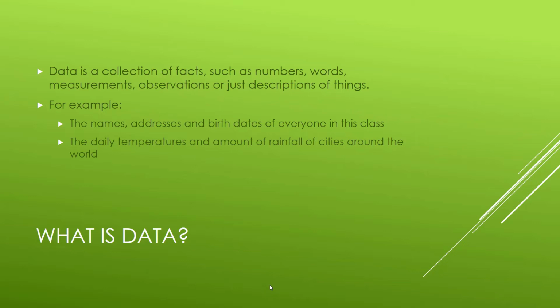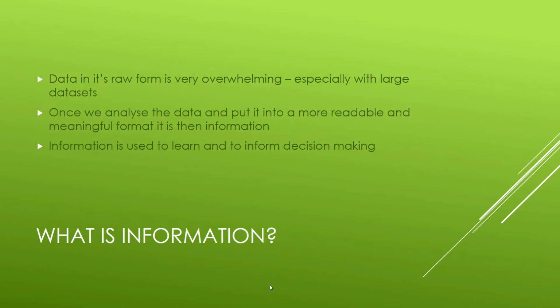And most of the time, it can be used and searched and analysed. When we analyse it, it goes from being in this raw form, which is potentially quite overwhelming, especially when there's a lot of it, where it doesn't really have any meaning, to suddenly be meaningful, readable data that we then call information.